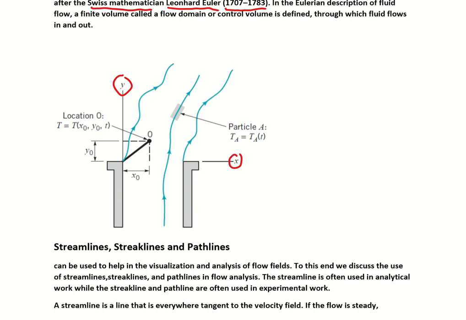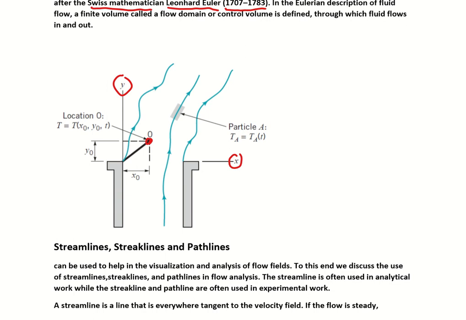So if we define a certain point here which is having x0 coordinate and y0 coordinate, and this infinitely small control volume is fixed. So here if temperature is measured over the time, it will be measured only at this point.